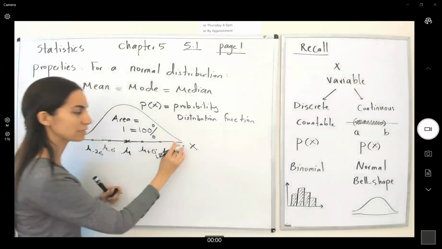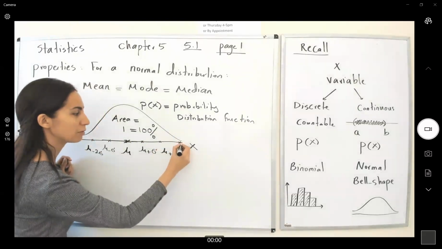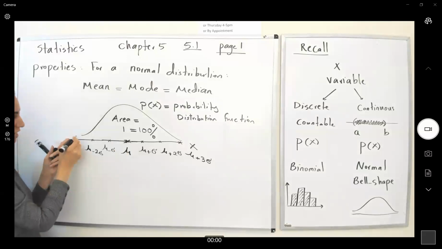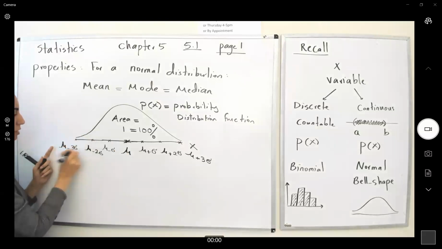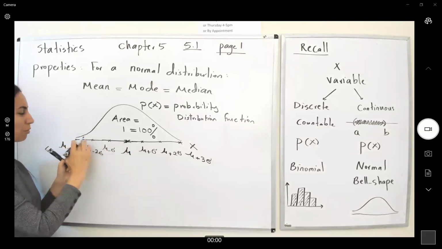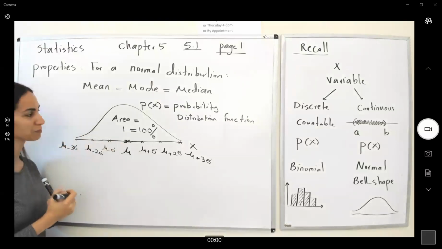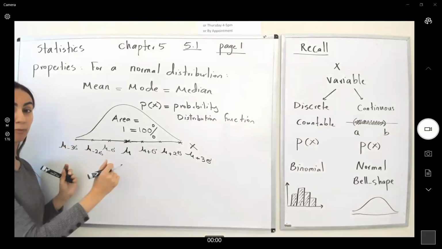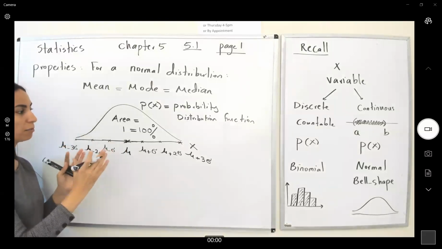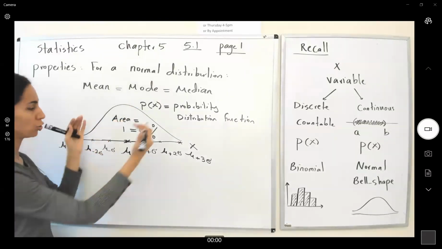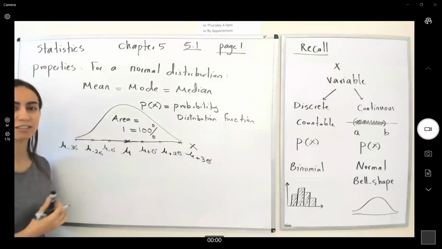And finally, toward the tails of your graph, you're going to have mu plus 3 standard deviation away from the mean, and this is another tip for you. Here you get mu minus 3 sigma, mu minus 3 standard deviation is going to be covered by these 2 numbers. Okay, perfect. We can use this information to find the number of values clustered around the mean, 1 standard deviation, 2 standard deviations, or 3 standard deviations.